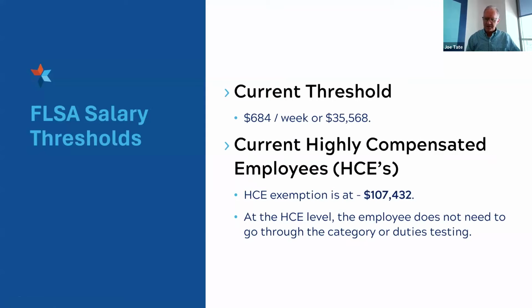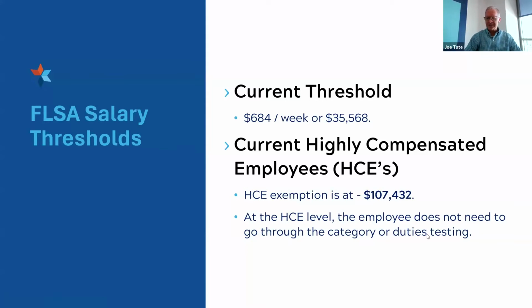The thing you need to remember about the HCEs, the highly compensated employees, is that the term, that acronym, is used in different parts of employment law. It's used in 401k calculations as well. This is separate. This is just for the Fair Labor Standards Act.